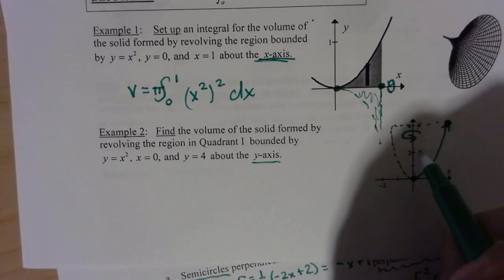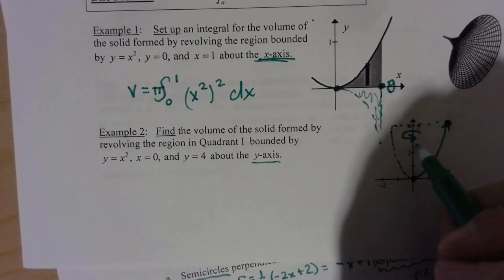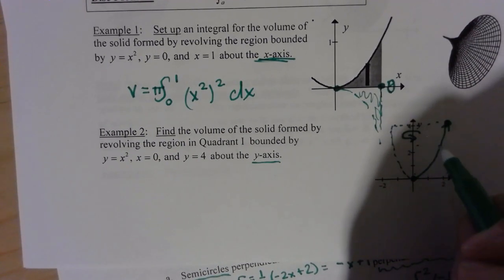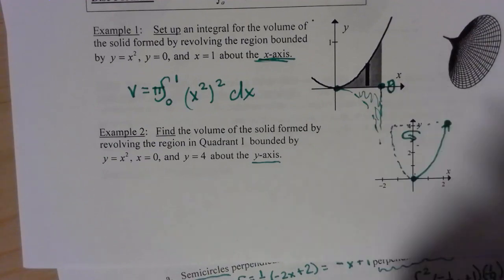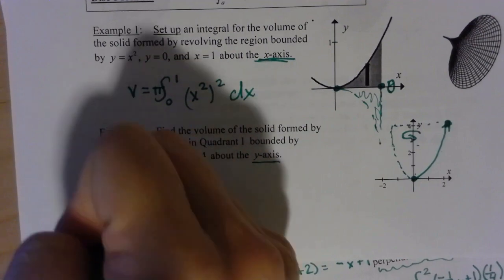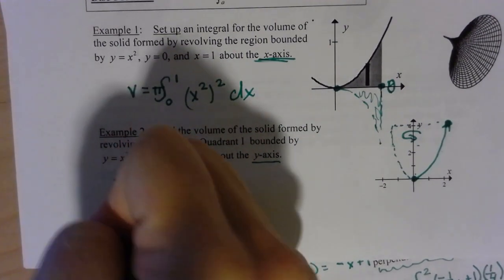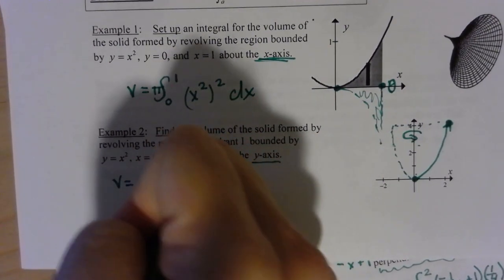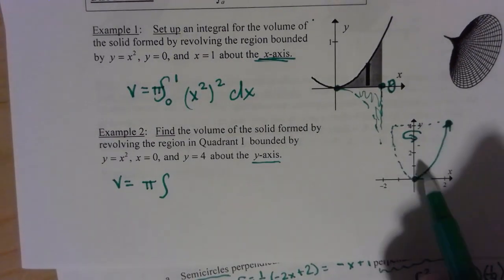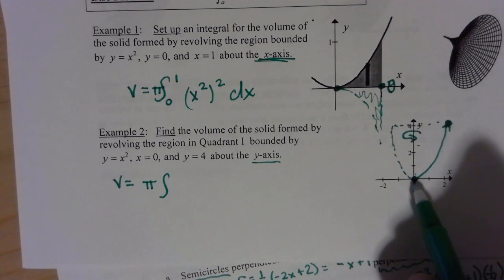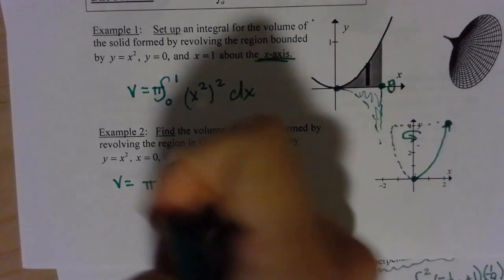So our radius is just going to be that x squared, because we would double it to get the diameter. So right now we have the volume equals pi integral. Now we're in y's. Remember, our y's go from 0 to 4.